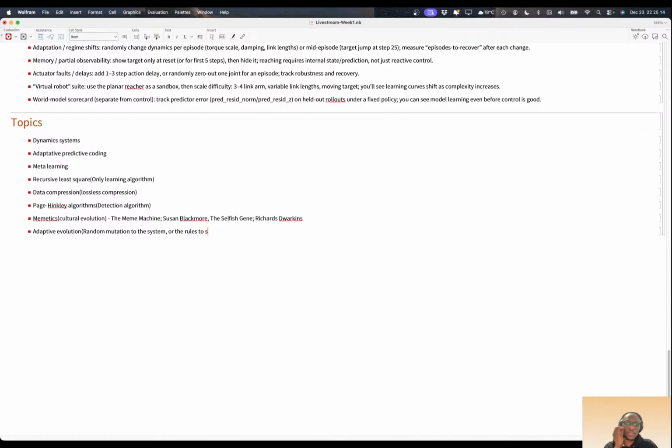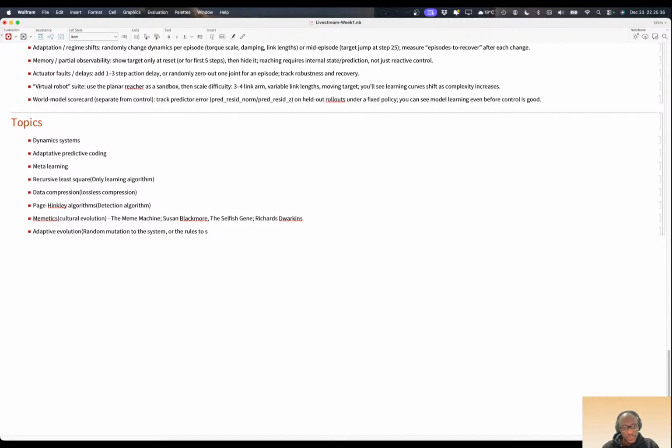Does it behave like you expect when you initially start with a specific number of rules, the initial rules, or the initial genome? When you keep changing the gene or the rules, does it become better or does it go even worse? So that is this idea of adaptive evolution that is also built into the system.